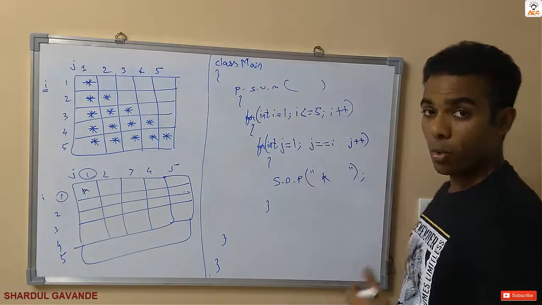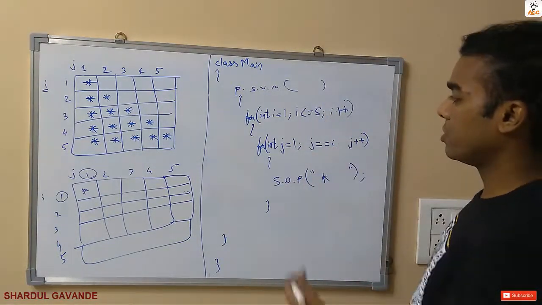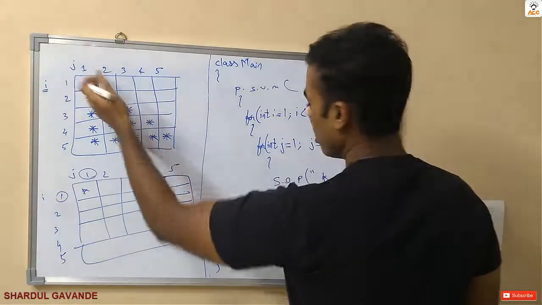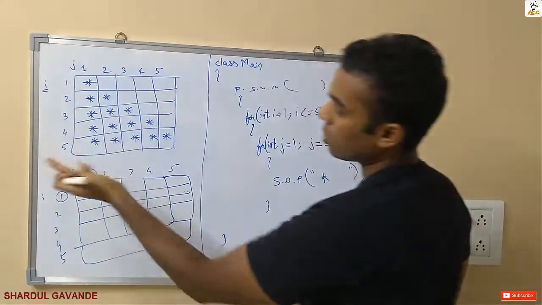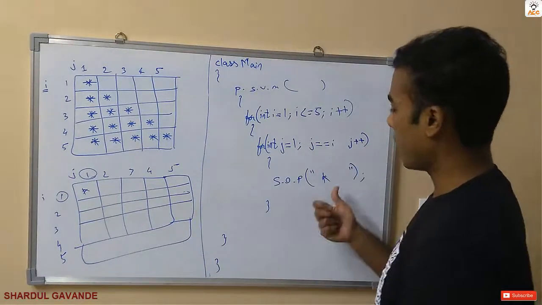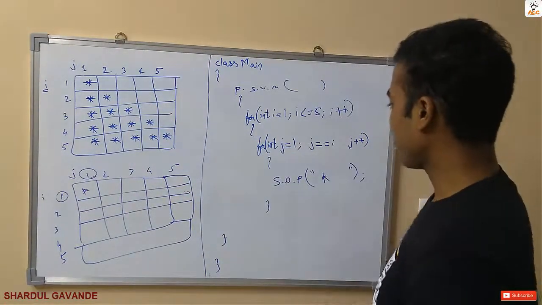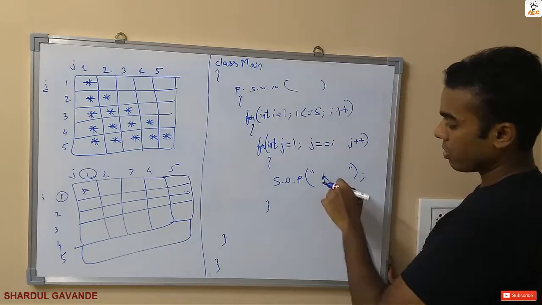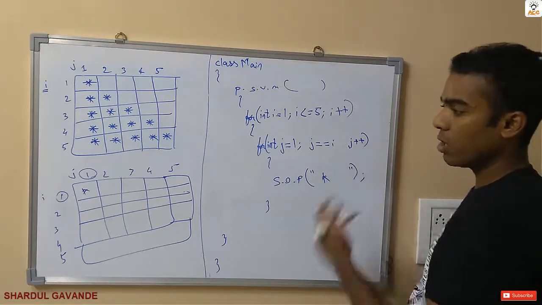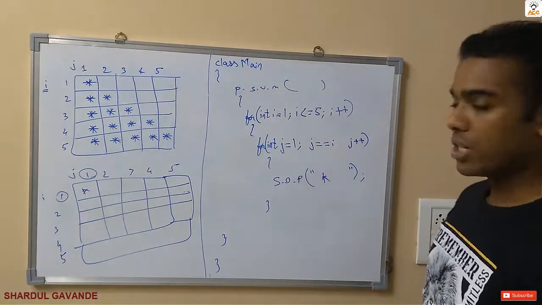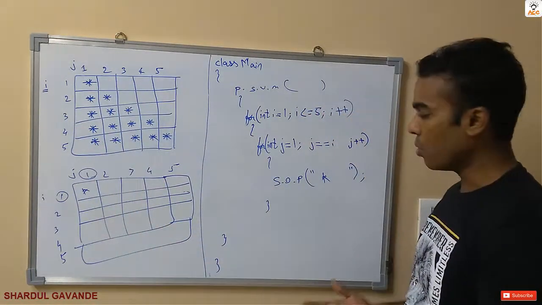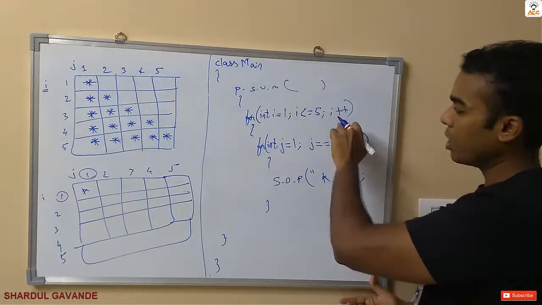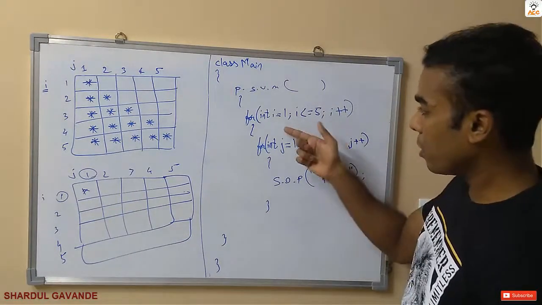Since 1 is less than or equal to 5, it would come into this J loop, J is equal to 1, then it will check whether J equal to I, 1 equal to 1, and it will print a star over here. But once it prints the star, the J value would get incremented. The value of J would be 2. It will check, is 2 equal to 1? No, and it would come out of the loop, the value of I would be incremented and it will go on.